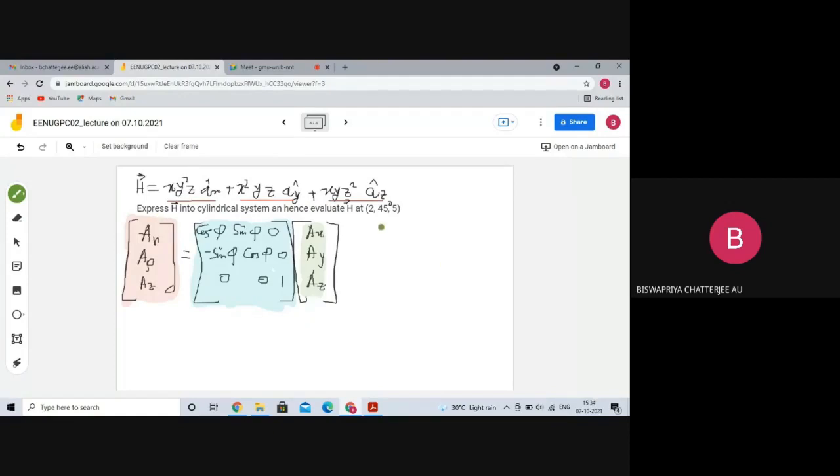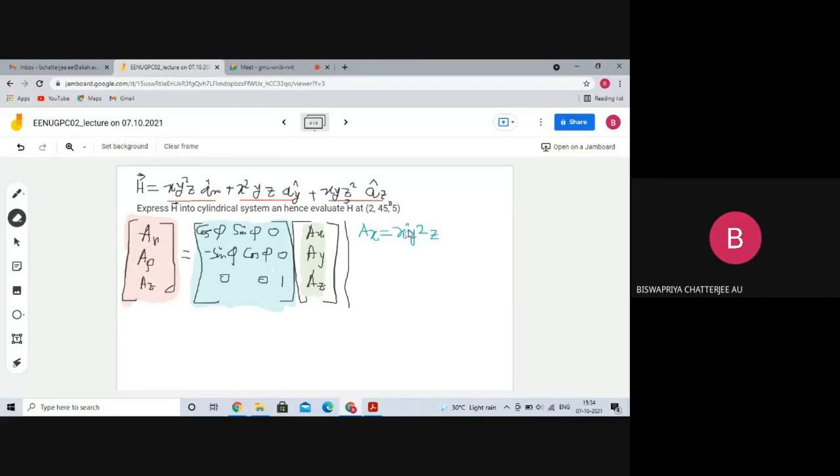So what is your Ax here? I am only asking about Ax. Ax in this problem is x y square z.